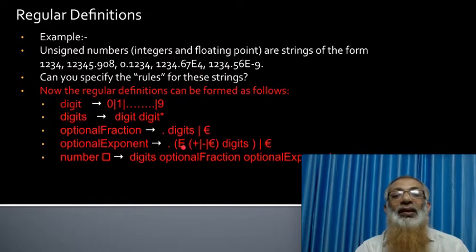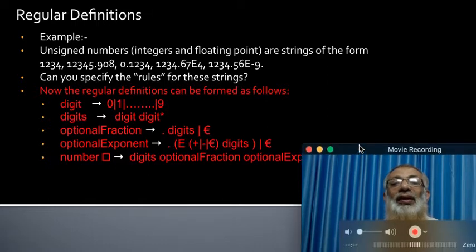So here it is E. Then we have specified it can be plus, minus, or epsilon again, because if plus is not specified, it is taken as positive. Hence, epsilon comes here. After that, this can be a series of digits. Digits is put here. Or, as before, this is optional. Without an exponent part also, we can form a fractional number.